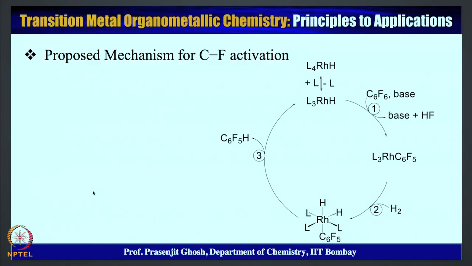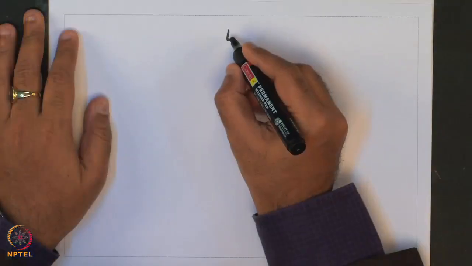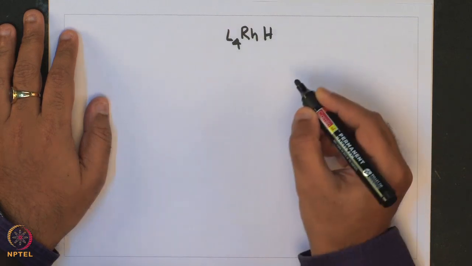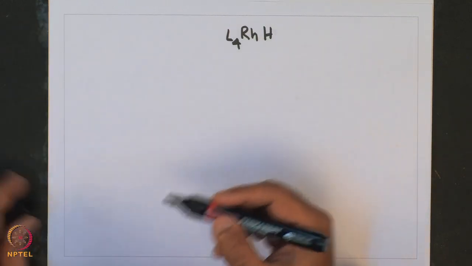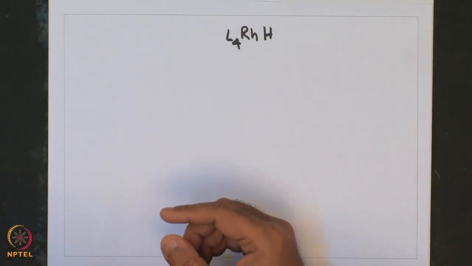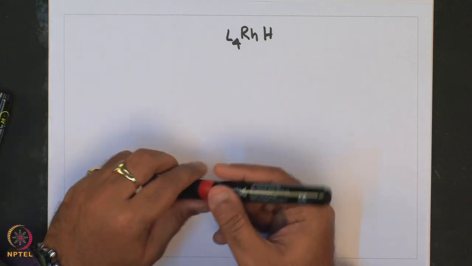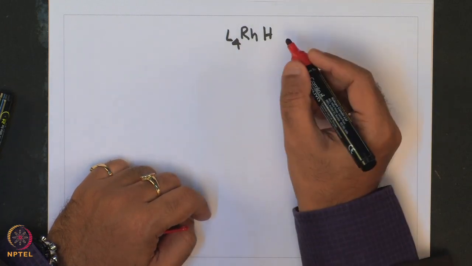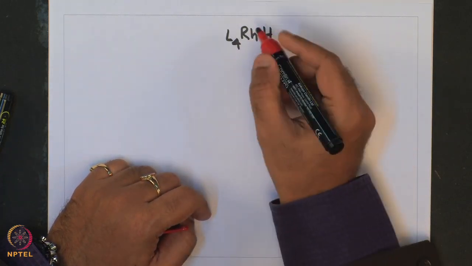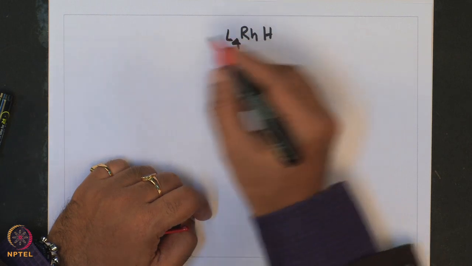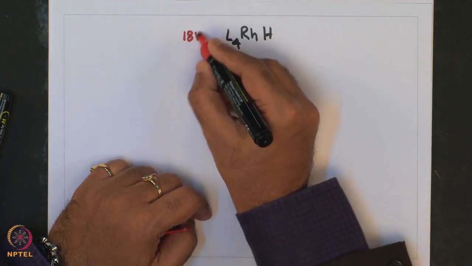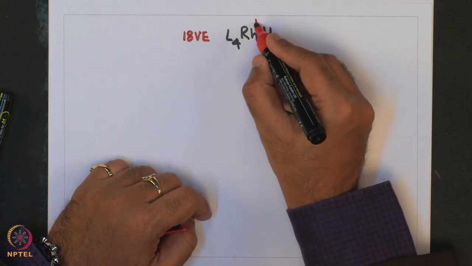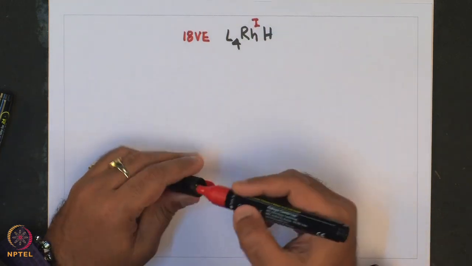The catalyst, which is L4 rhodium hydride, is, one can say, both coordinatively saturated because it has a coordination number of 5, and electronically saturated because it is an 18 valence electron compound. The oxidation state of rhodium is rhodium 1.